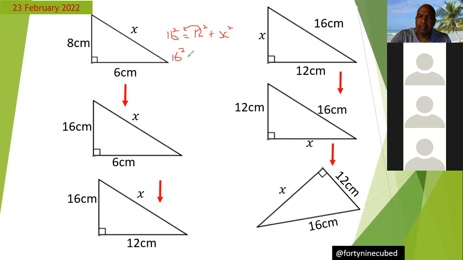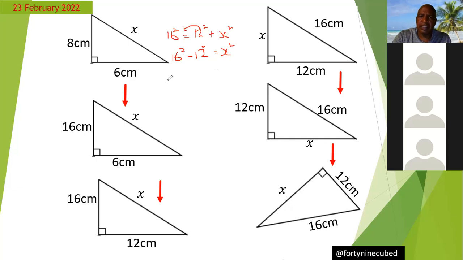The sign changes. So we would have 16 squared minus 12 squared. Now we still have that x squared on the right-hand side, so we just put that back. Everybody following?